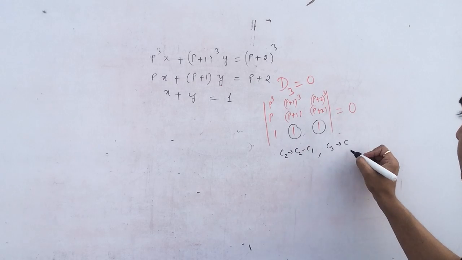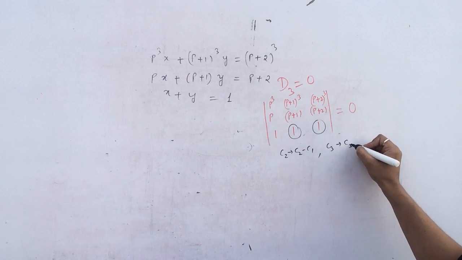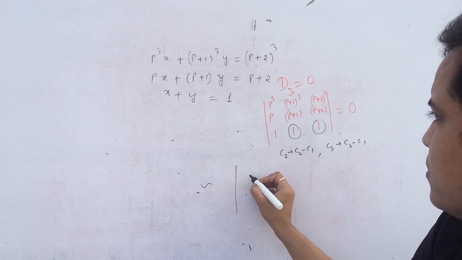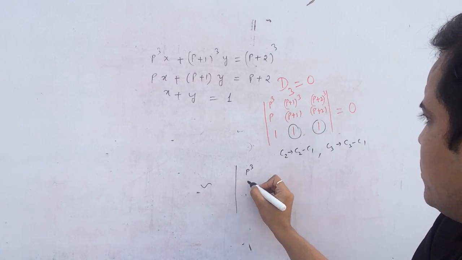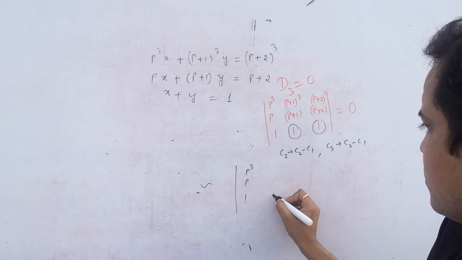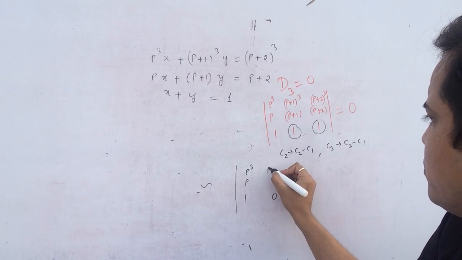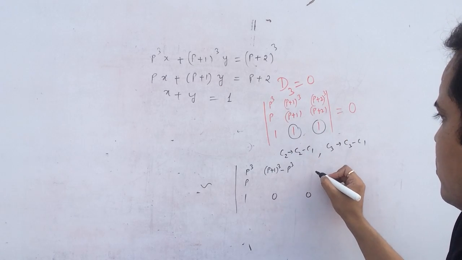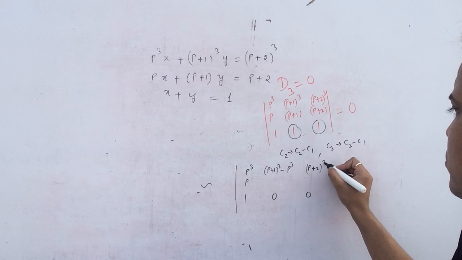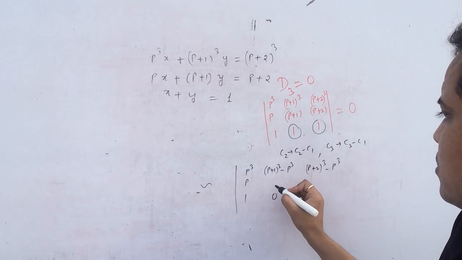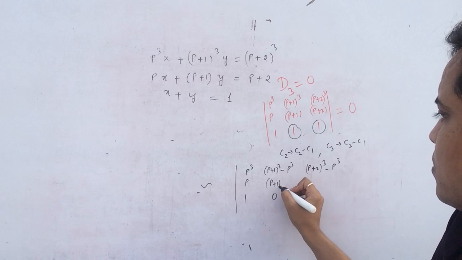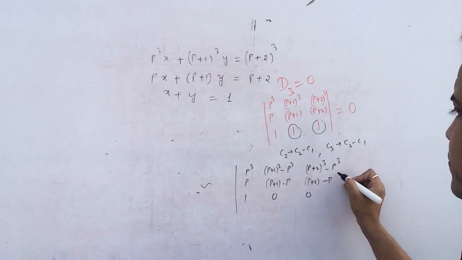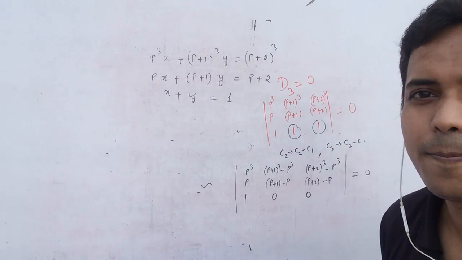So c1 does not change: p cube, p, 1. These two become 0. Here you get (p plus 1) whole cube minus p cube, (p plus 2) whole cube minus p cube, here p plus 1 minus p, here p plus 2 minus p, equal to 0.